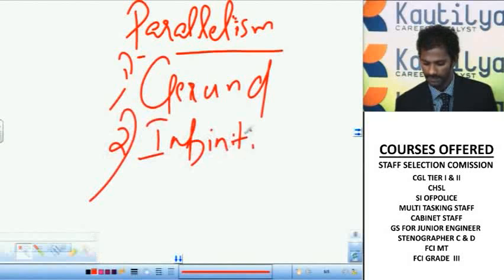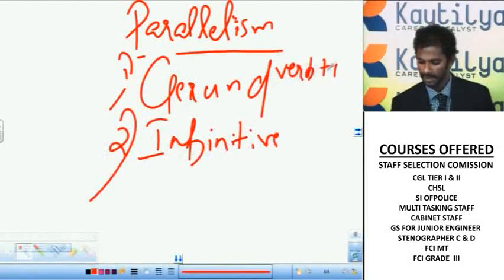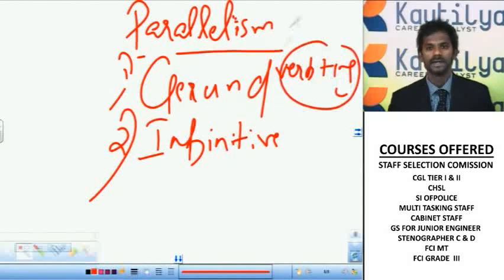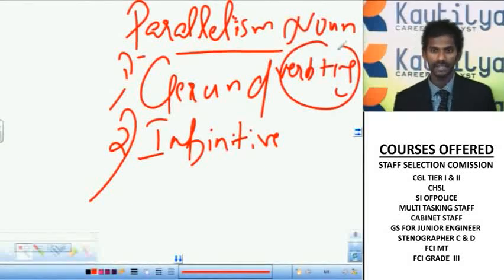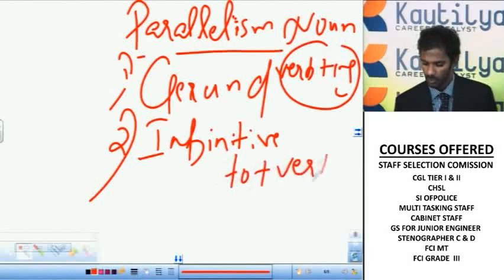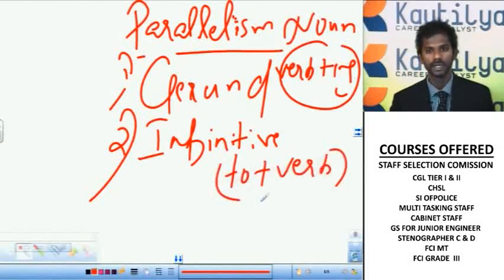Gerund, as we already discussed, is verb plus ing acting as a noun. Second one is infinitive. I told you these two terms always come together. Infinitive means to plus verb.